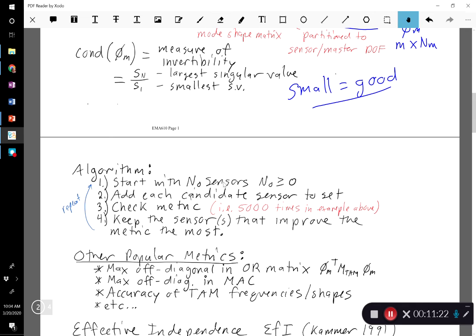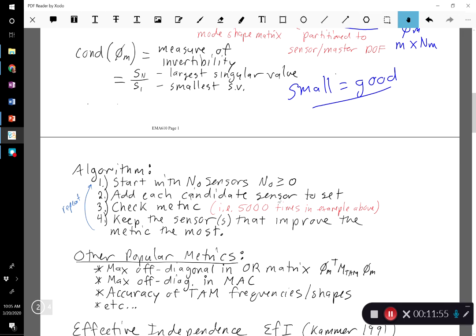And then from the pool of remaining candidate sensors, we add one of those to the set and we check the metric, or the condition number. And then we figure out which of those 5,000 sensors gave us the biggest improvement in the metric, so lowered the condition number the most in the case of this algorithm, and we keep that sensor. And then we just repeat and we add another sensor and another sensor till we get to the number that we want.